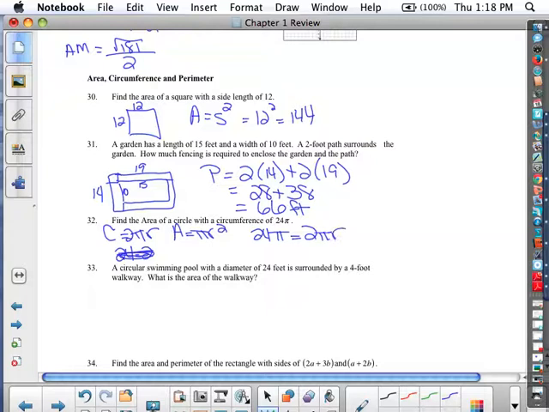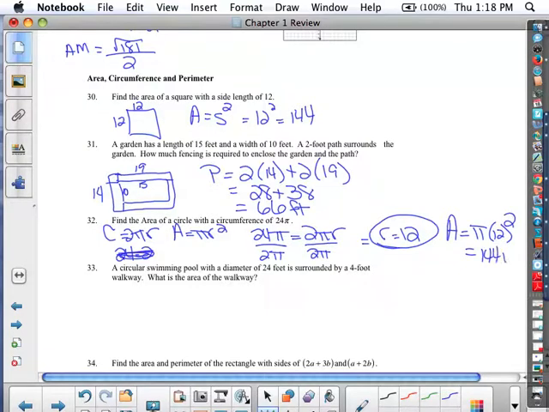Solve this for r. Divide both sides by 2 pi, and you will get that r is equal to 12. Take the radius and substitute it into the formula for area. So pi times 12 squared gives you 144 pi units squared.